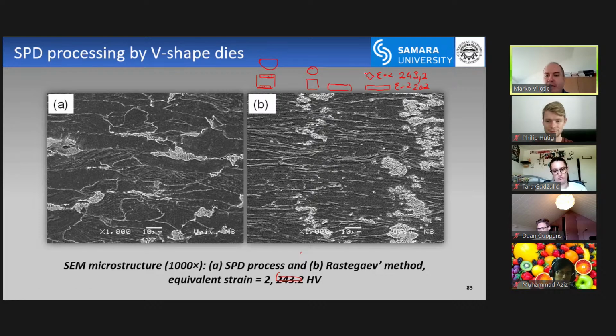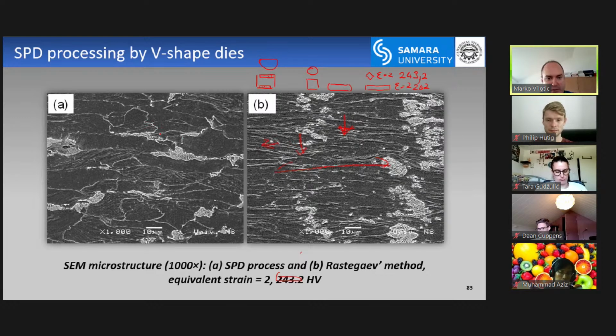Well, the point is that my sample looks almost like the initial sample in size. It changed the dimensions a little bit, but this sample is totally flat. You will see later. Also, the microstructure in upsetting, where we upset the sample in this direction, is just very elongated. Because the microstructure is elongated, performance in this direction and this direction is not the same.